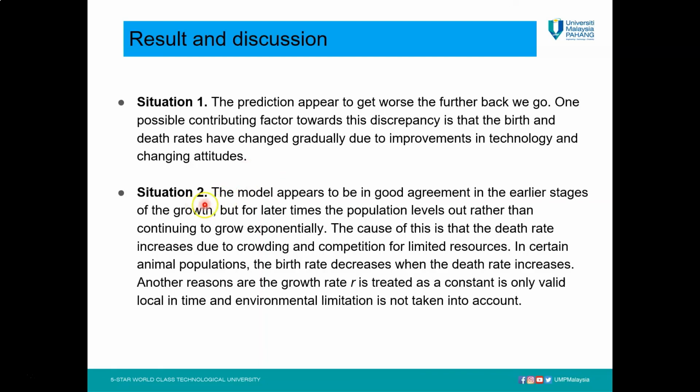Based on situation 2, the model appears to be in good agreement in the earlier stages of the growth, but for later times, the population levels out rather than continuing to grow exponentially. The cause of this is that the death rate increases due to crowding and competition for limited resources. In certain animal populations, the birth rate decreases when the death rate increases. Another reason is that the growth rate r is treated as a constant, which is only valid locally in time, and environmental limitation is not taken into account.